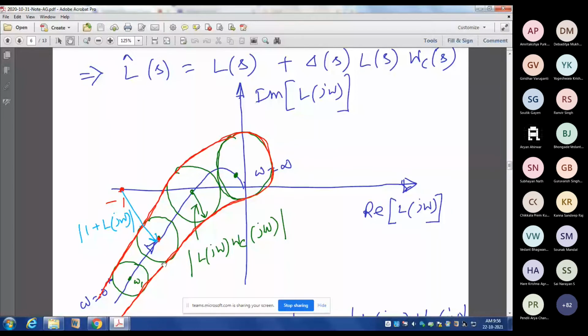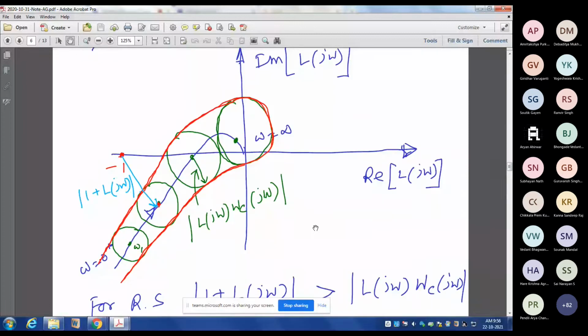Now what is the condition for stability? L hat(jω) should not touch the -1 point. Forget about encircling it, it should not even touch the -1 point. So what is the condition for that?